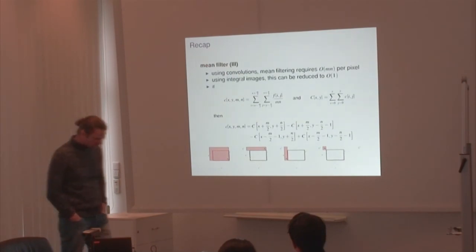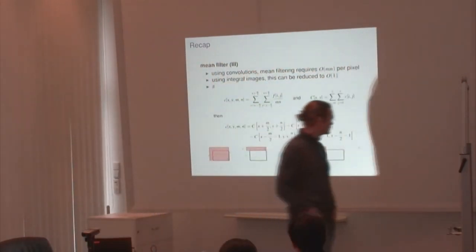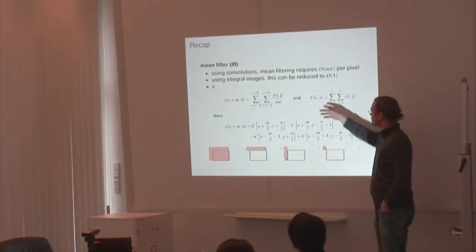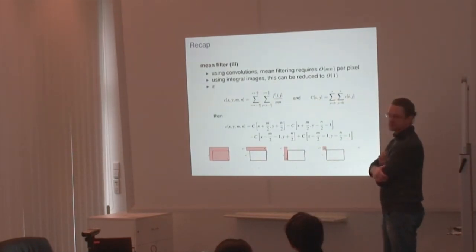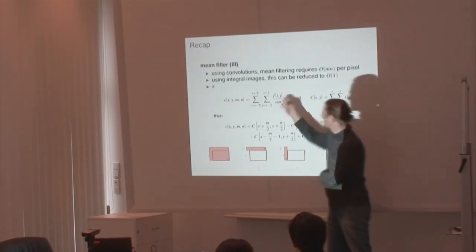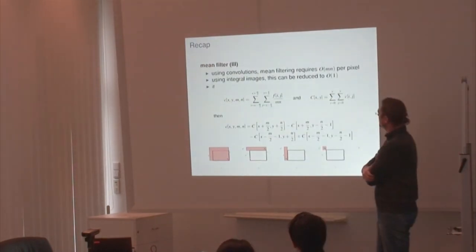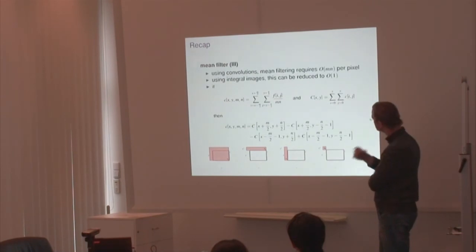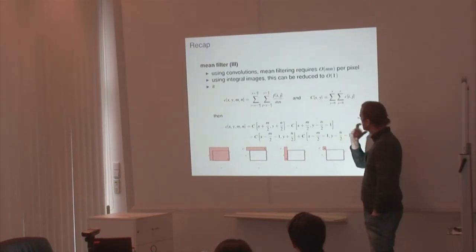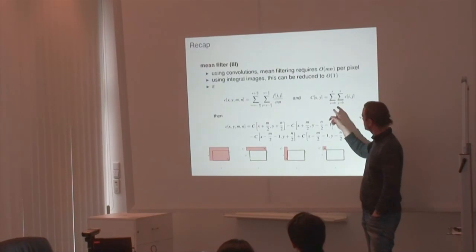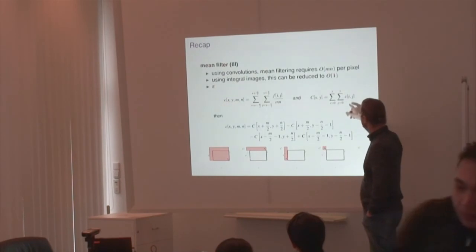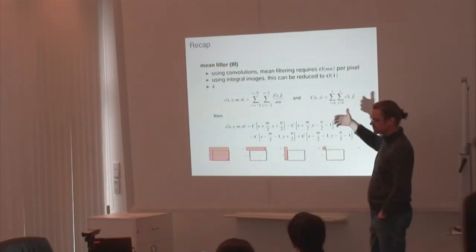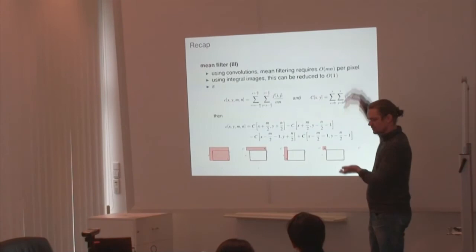We then saw the idea of computing these so-called integrals of integrals, because in a sense this is already an integral, it integrates over something. And this image capital C of x and y has the following property: at a pixel x and y, it contains the sum over the values of the original image, over all the values to the left and on top of it.